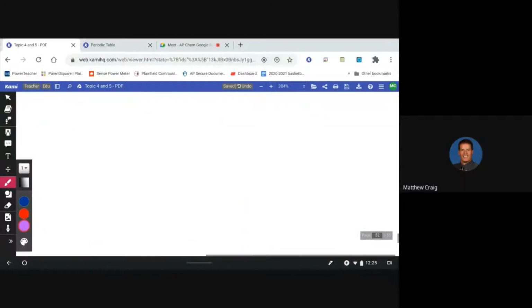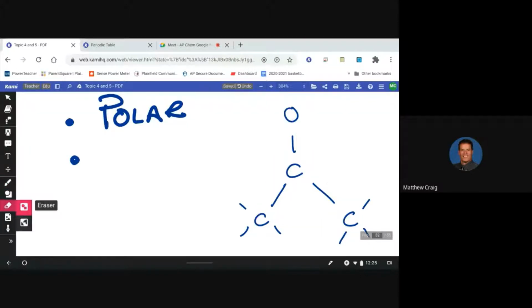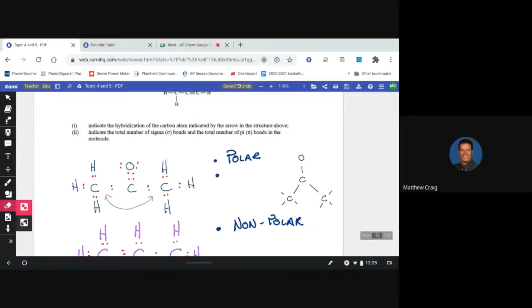Even though that oxygen's nestled in nicely, it is a trigonal planar structure. So that's why it's polar. Okay. Careful. So we have polar and nonpolar.